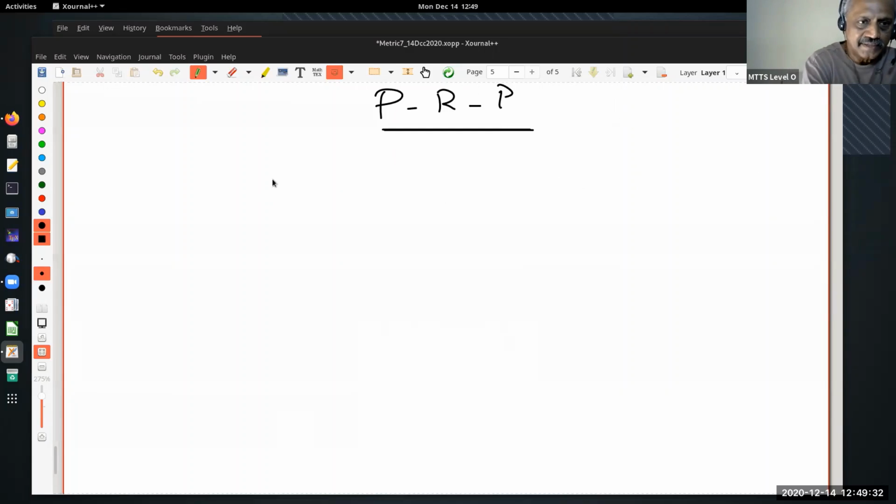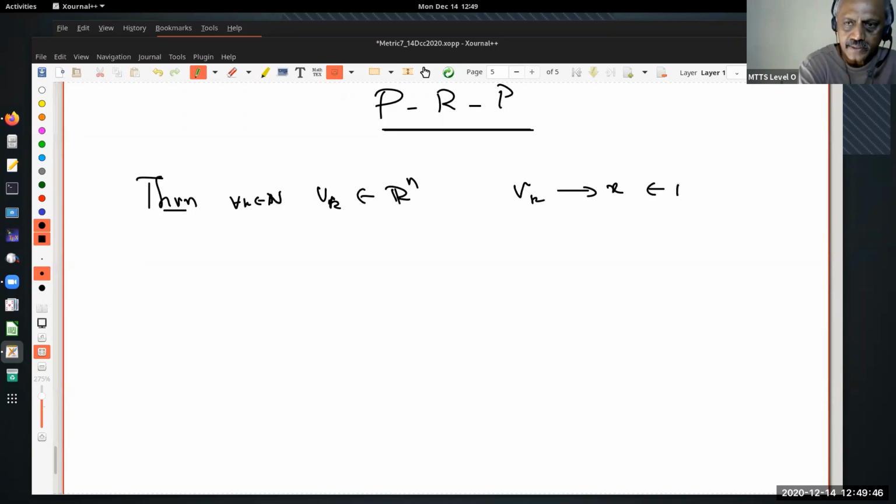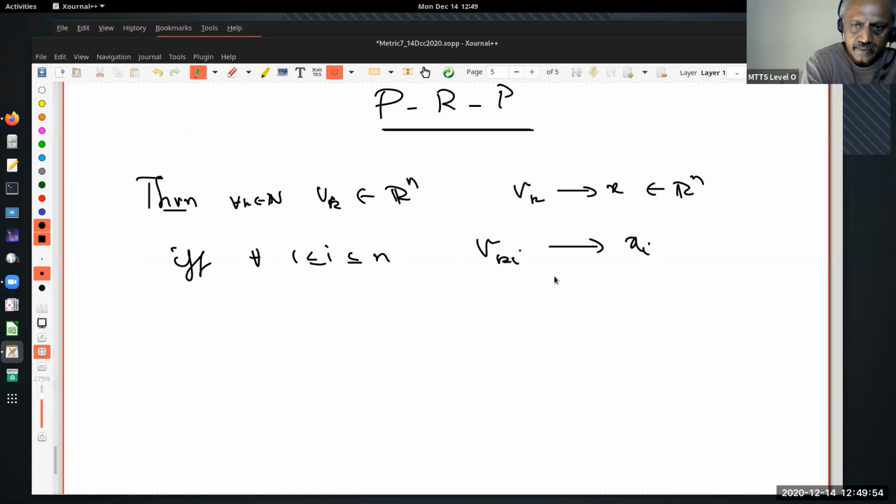So let us make it a theorem. What we have proved: I have a sequence V_k in R^n. Then V_k converges to X in R^n if and only if for each i-th coordinate, V_ki converges to X_i, where V_k is (V_k1, ..., V_ki, ..., V_kn).